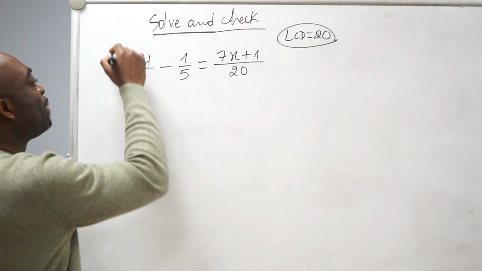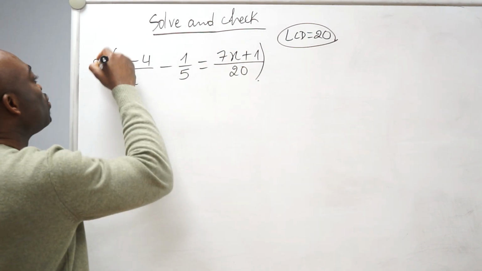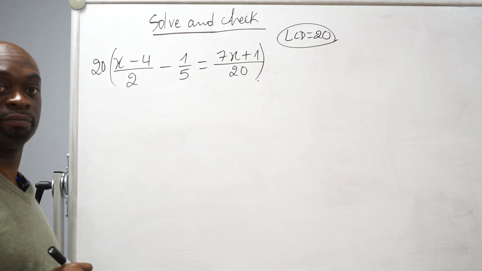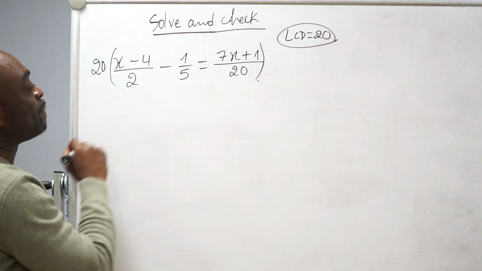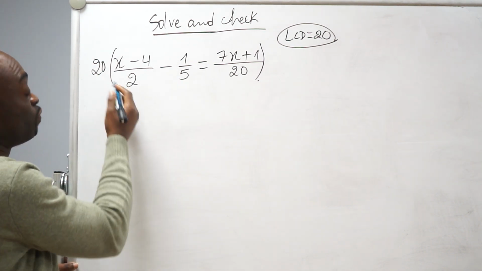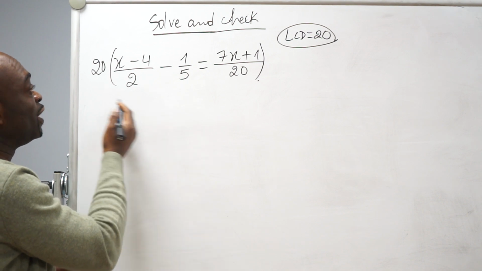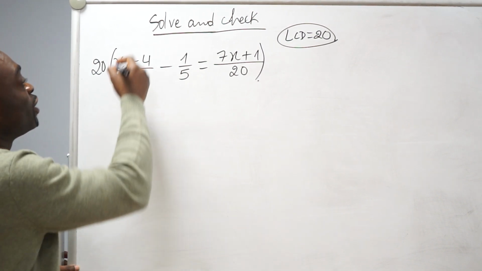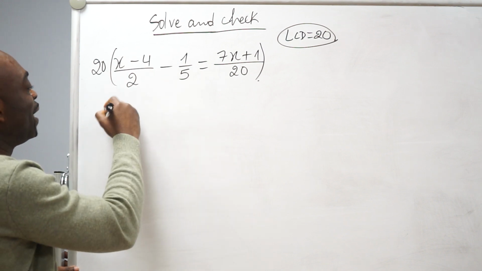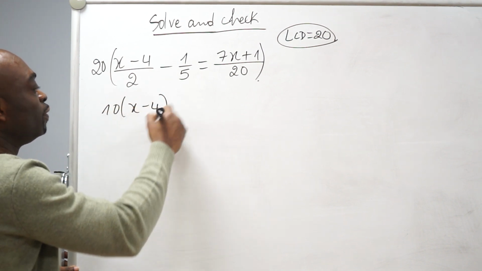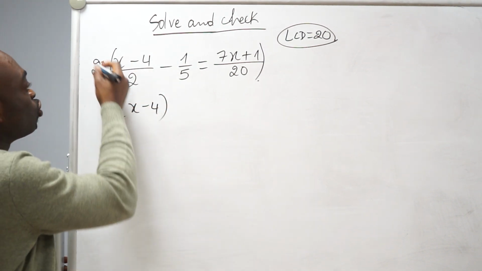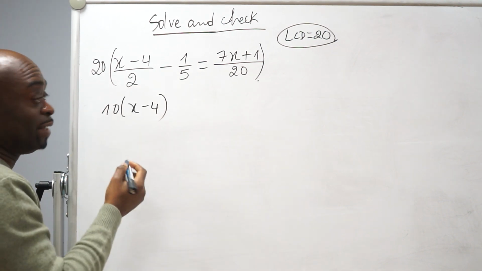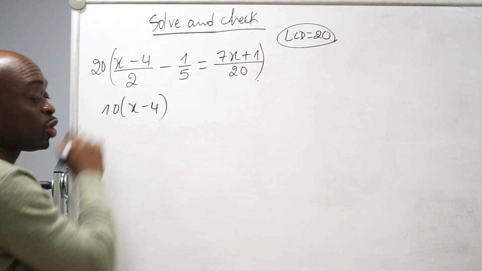So 20 is the lowest common denominator, so that means we have to multiply everybody by 20, okay? Because you have fractions, the best way to do it is 20 divided by 2, which is 10. So we will multiply 10 by (x minus 4). 20 divided by 2 is 10, so no more 2 underneath.